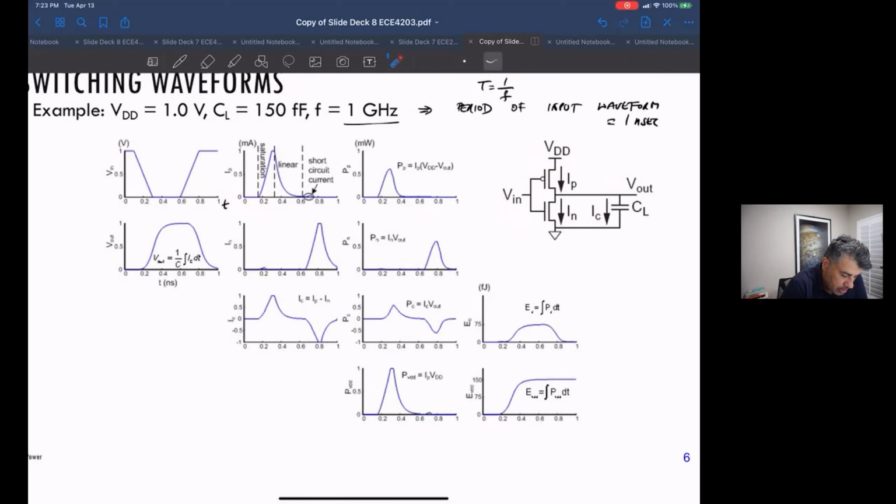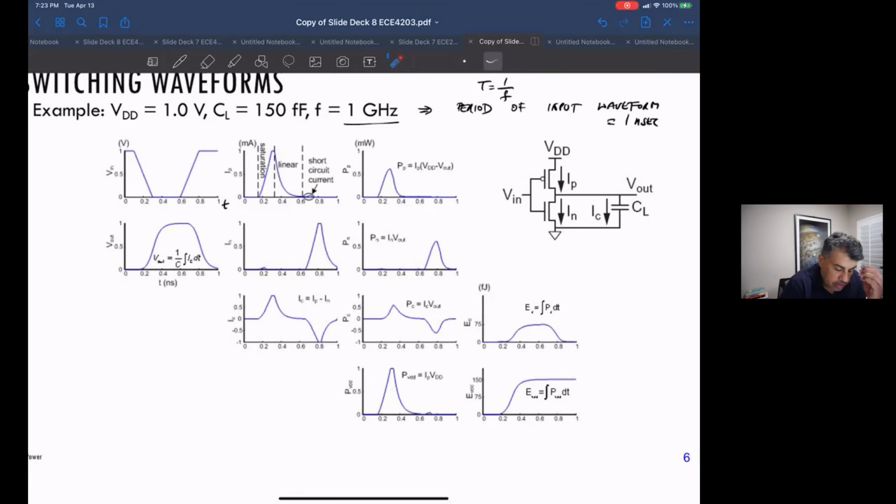As long as this is a 1, there's no current flowing. As soon as this goes low, the PMOSFET turns on and current starts flowing to the capacitor.